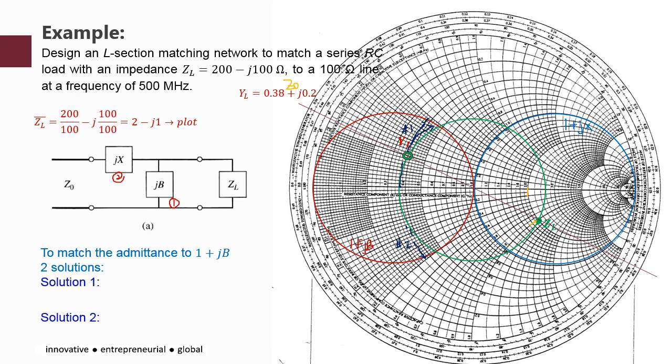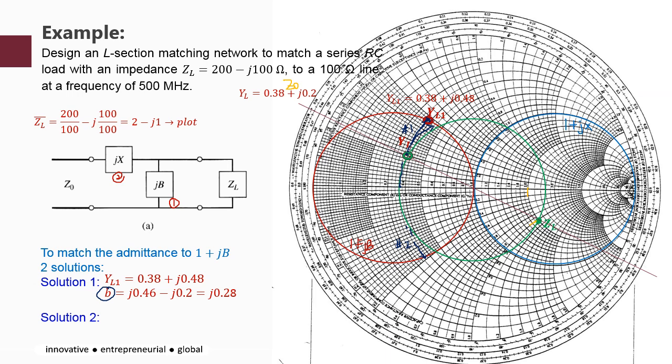So to match the admittance to 1 plus jB, there are two solutions. For the first one, we take the shortest distance, so we move YL to position 1, up there. We name it YL1, and the location is at 0.38 plus j0.48. That's solution 1. To get the B, it is the difference between the original position and the latest position.